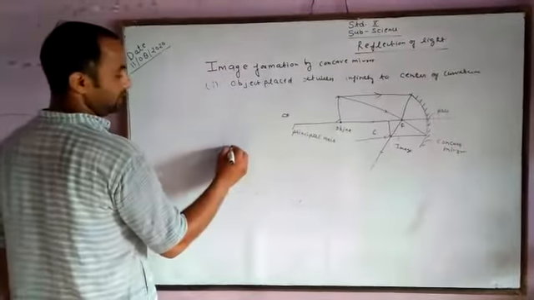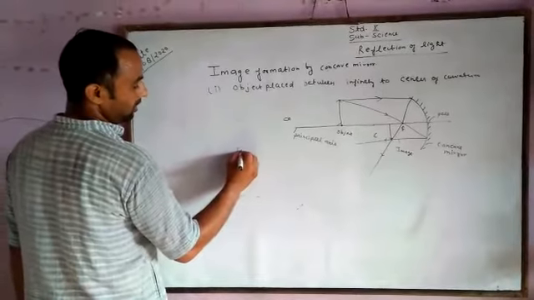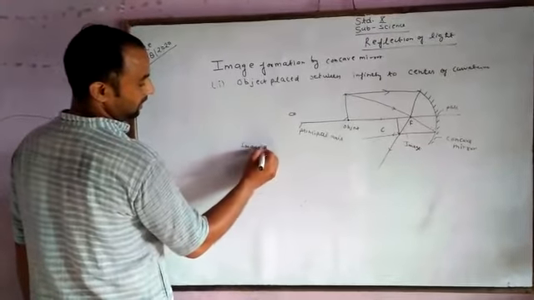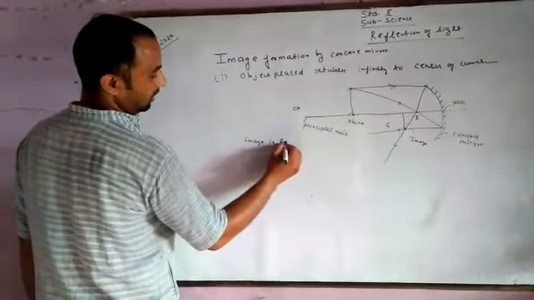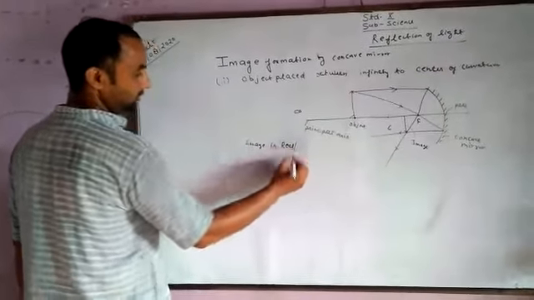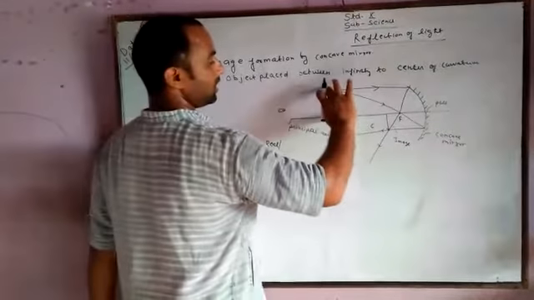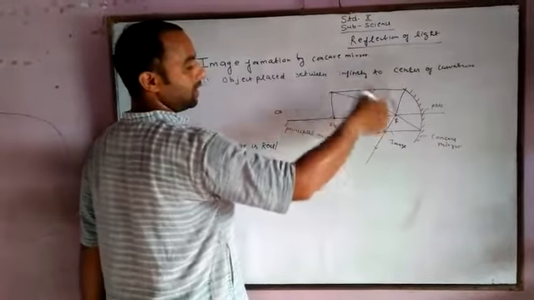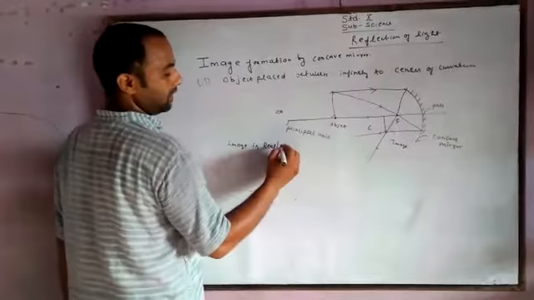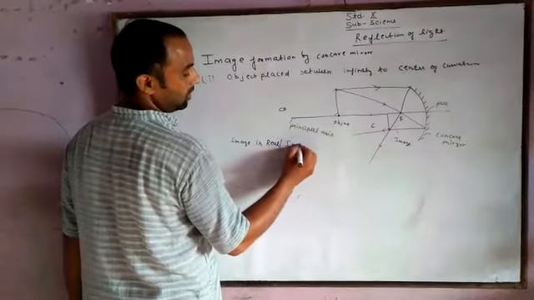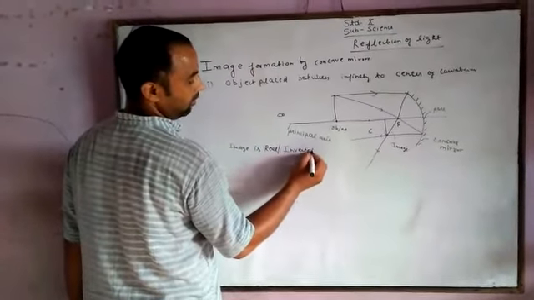The first point we have to remember: image is real. And when the image is real, and the object is above the principal axis and the image is below the principal axis, it means an inverted image.